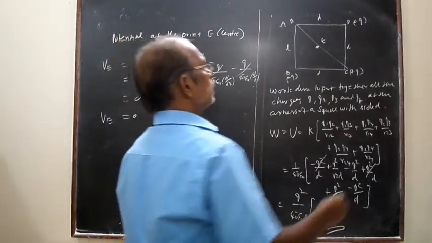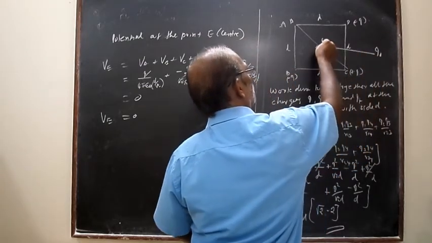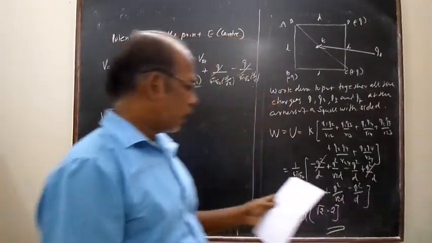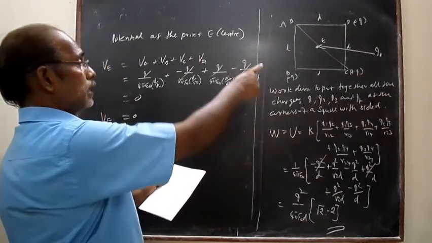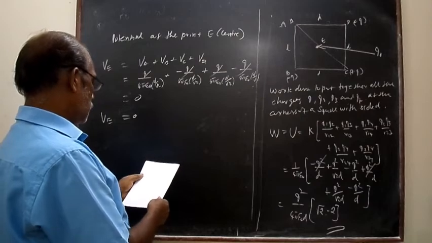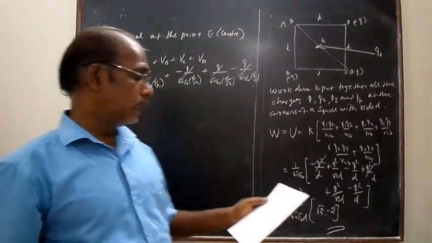If you bring one additional charge Q naught to the point E, what is the question? A charge Q naught is brought to the center E of the square, the 4 charges being fixed at the same places. How much work done is needed to do this?